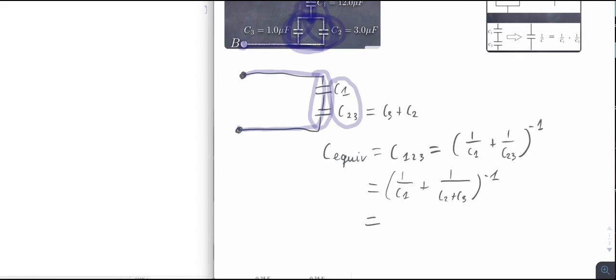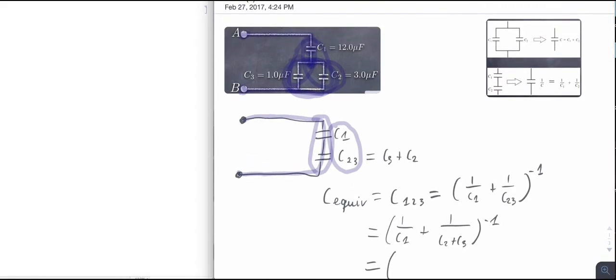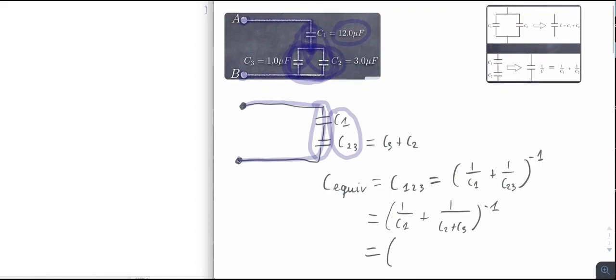And let's plug in some numbers. So we know C1 up here was 12 microfarads. So I have 1 over 12 plus 1 over, and then C3 was 1, and C2 was 3 microfarads, so 1 plus 3, all to the -1, and my final unit should be, again, microfarads.